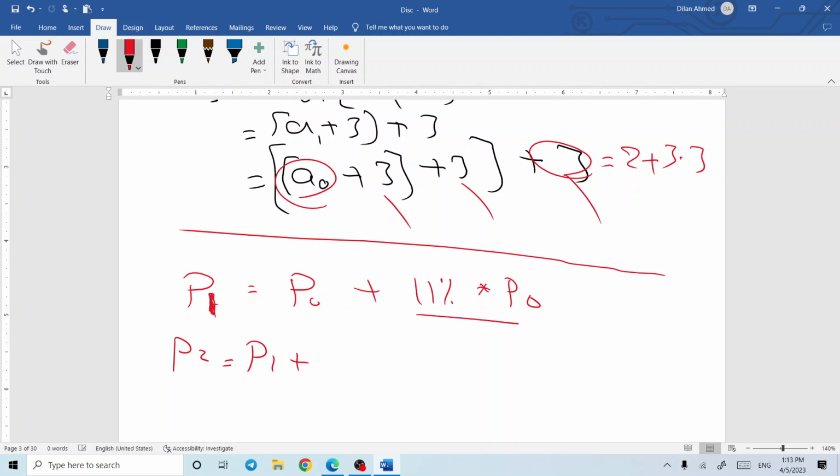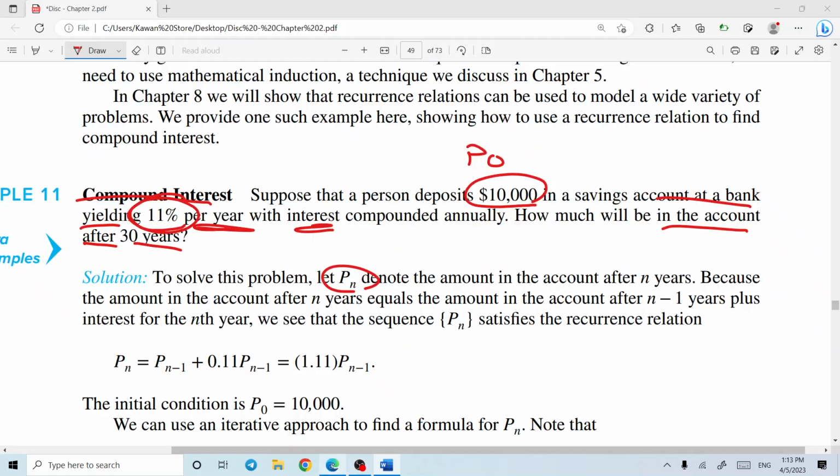P1 plus the same, 0.11 times P1. Because we say 11% of the amount that you have. We have, for example, 500, and now an interest on the 500. So we add them. Clear, dears?